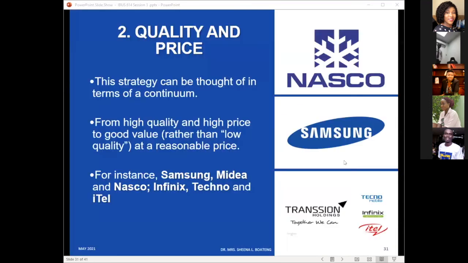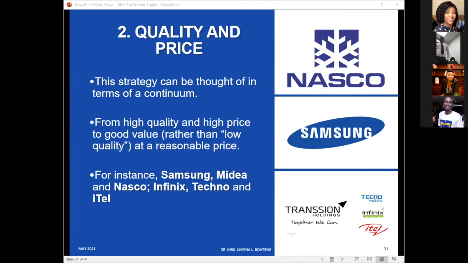We can also talk about brands that position themselves based on quality. For some of them, it's about offering a high quality at a high price, or offering reasonable or acceptable quality at a reasonable price, right? So we can talk about the juxtaposition of NASCO, Media, and Samsung. They are all owned by the same company.